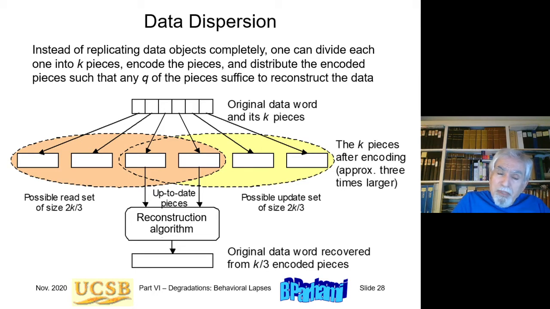Because I write into 4 copies and then read from 4 copies, and there are 6 copies altogether, the 2 sets are guaranteed to have 2 in common. So if I have updated the 4 pieces on the right and I read the 4 pieces on the left, then the 4 pieces that I read will have 2 most up-to-date pieces that are sufficient for reconstructing the data.